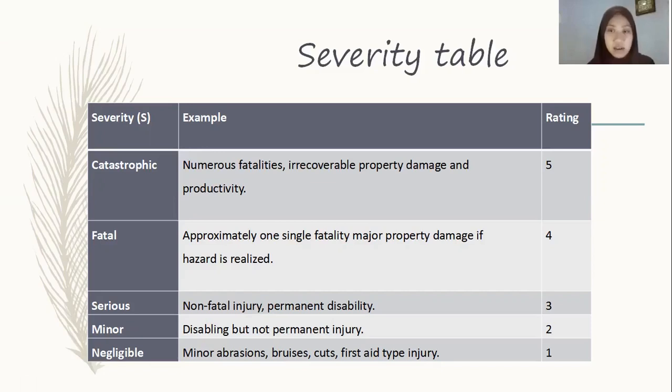The 3rd rating is serious, which means non-fatal injury, permanent disability. Rating number 2 is minor, disabling but not permanent injury. And rating number 1 is negligible, minor abrasions, bruises, cuts, first aid type injury.